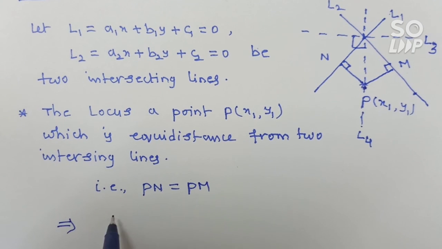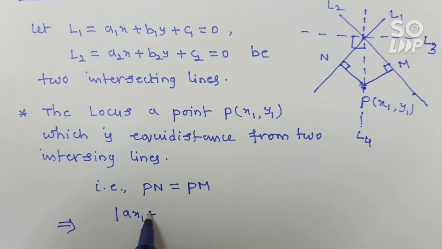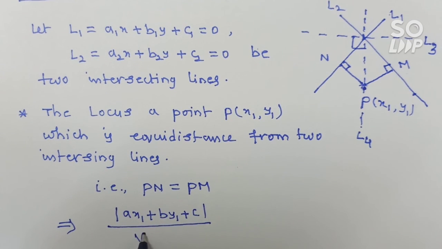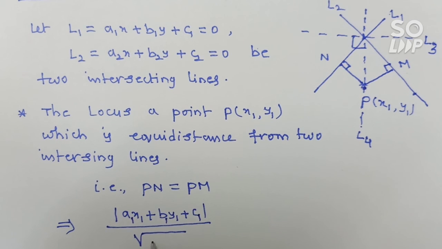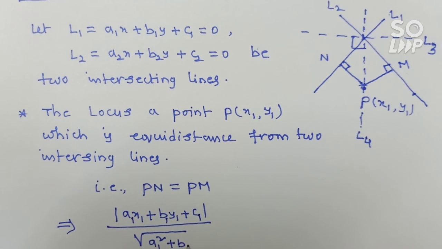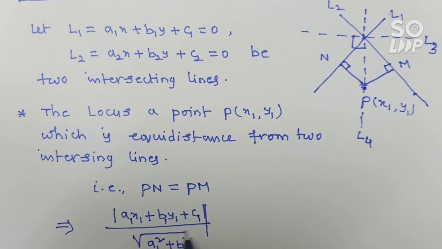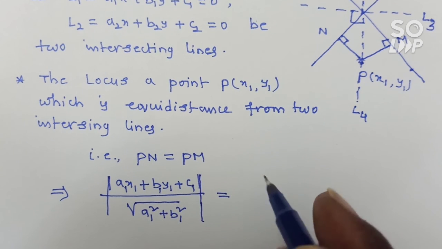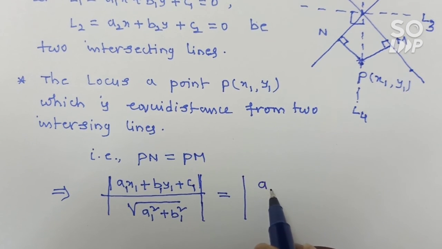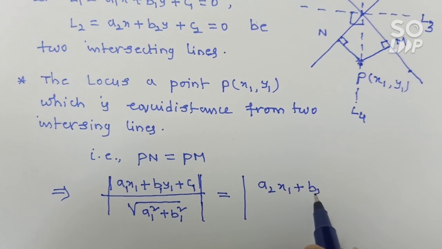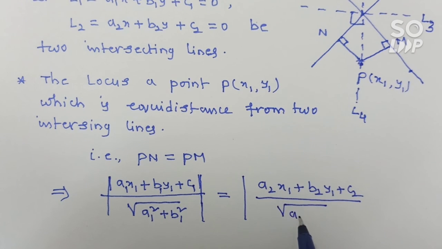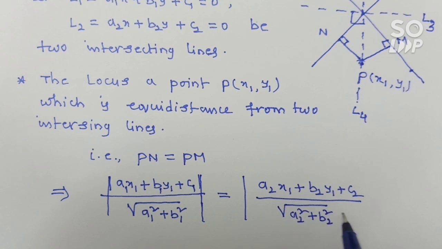So you can write modulus of a1 x1 plus b1 y1 plus c1, whole divided by root of a1 square plus b1 square, is equal to PM, the perpendicular distance from P to the line L2, which is modulus of a2 x1 plus b2 y1 plus c2, whole divided by root of a2 square plus b2 square.